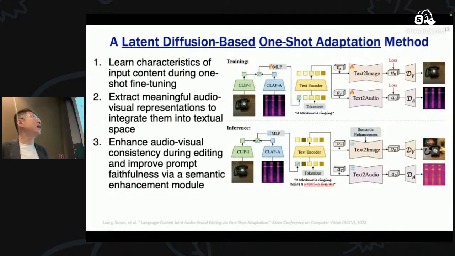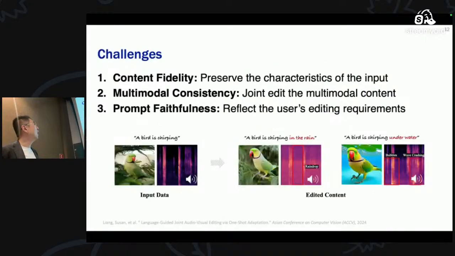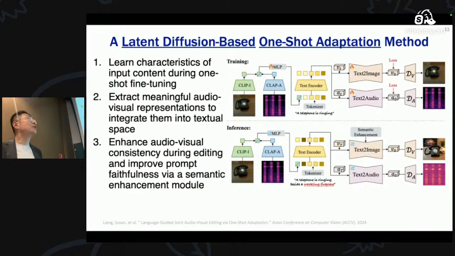So the idea is that the previous three properties, content fidelity, multimodal consistency, and prompt faithfulness, are all captured in this jointly trained diffusion network during this one-shot adaptation.